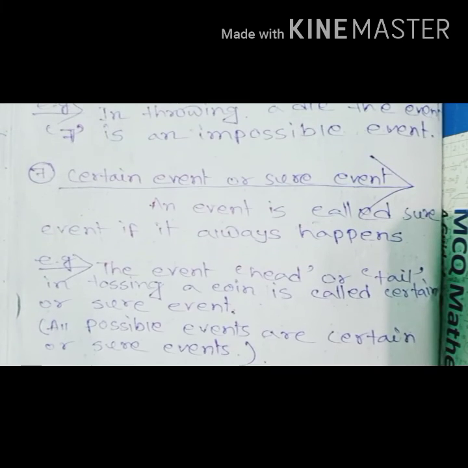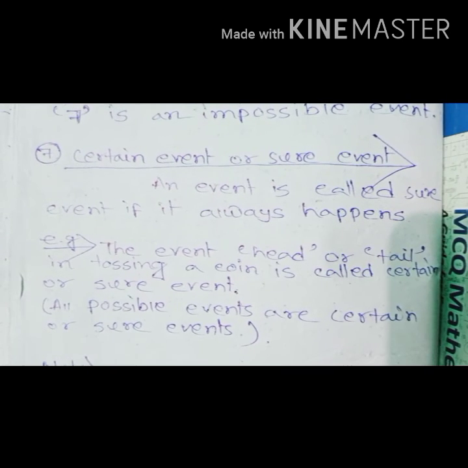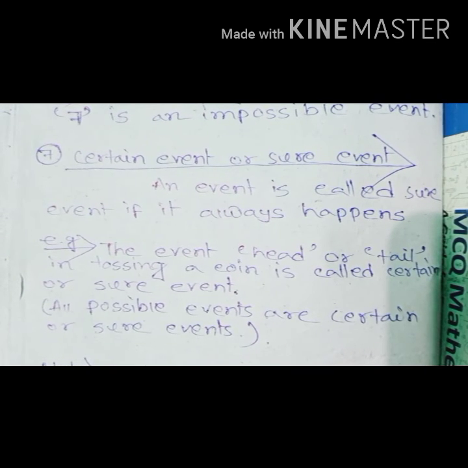Next, certain or sure event, the last type. It means when you are going through a random experiment, then you are getting a particular result.